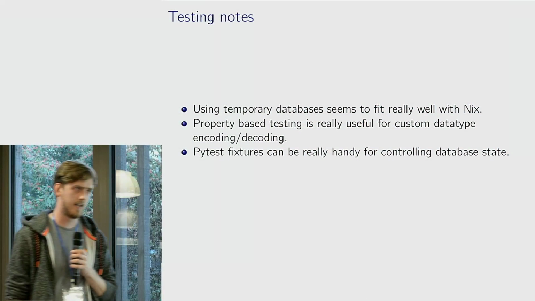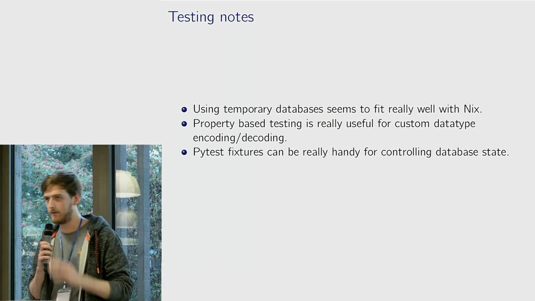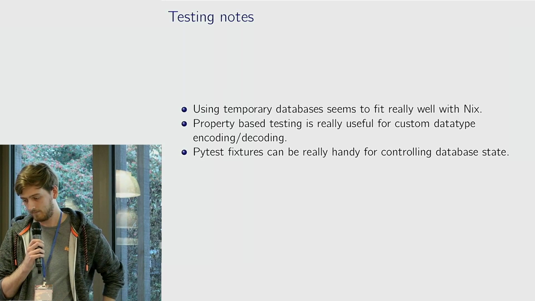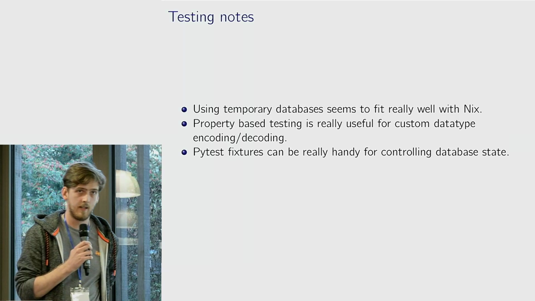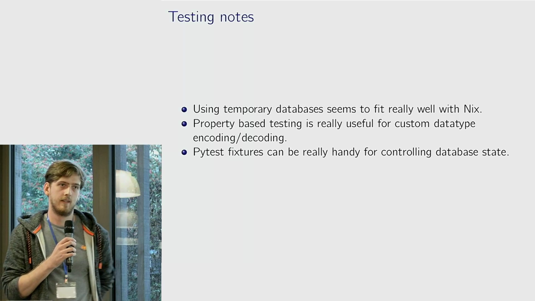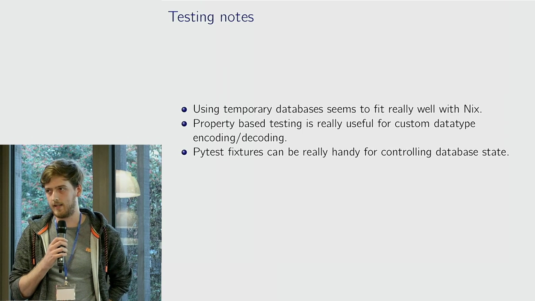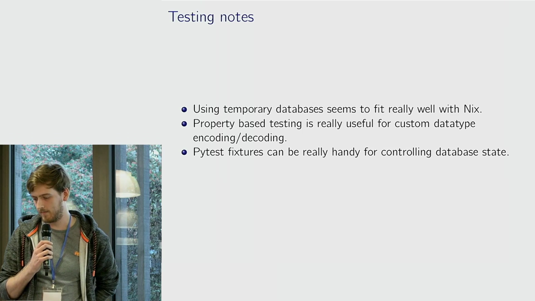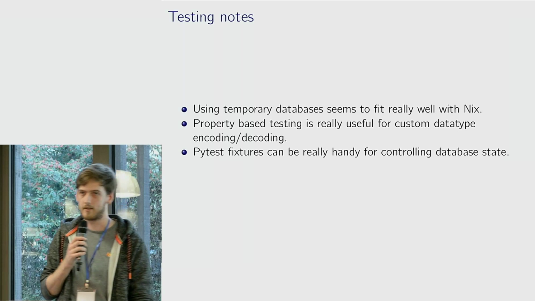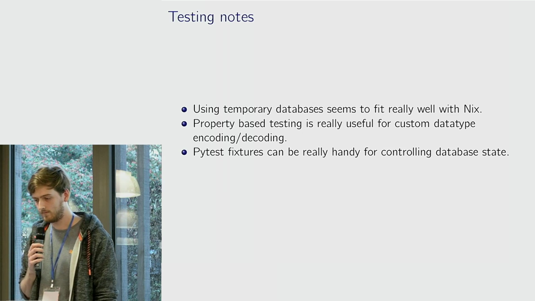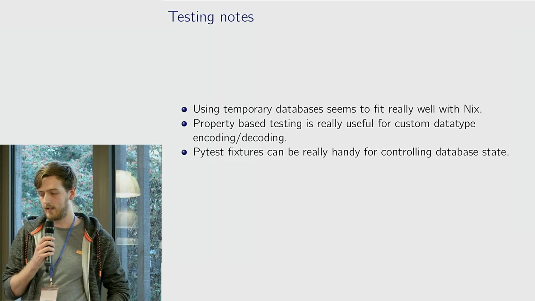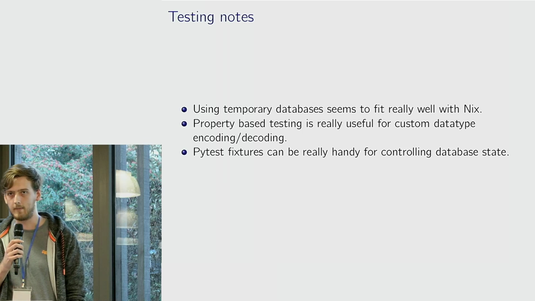So yeah, I didn't really want to go into too much detail about the Python code that I've written, but generally having access to Python here is quite useful. There's a really nice property-based testing library called Hypothesis, which you can use to make sure that your encoding and decoding works in the way you'd expect. But generally, I don't know if many people use this approach.